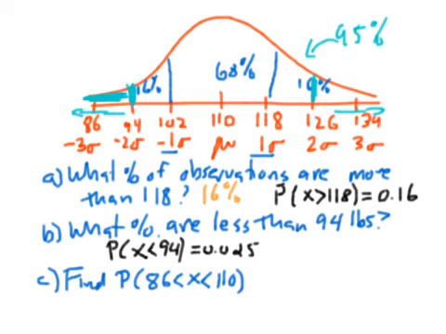Well, 86 is 3 sigmas, and we know that 3 sigmas is 99.7%, which means the 2 tails combined, these little tiny black regions, have to be 0.3% combined, or 0.003.